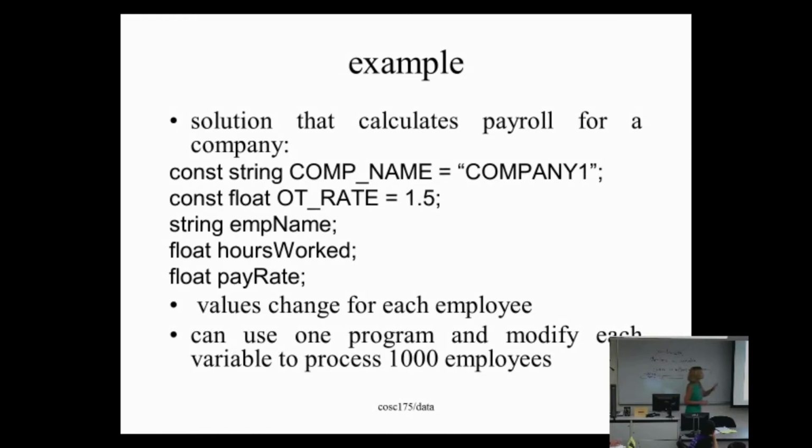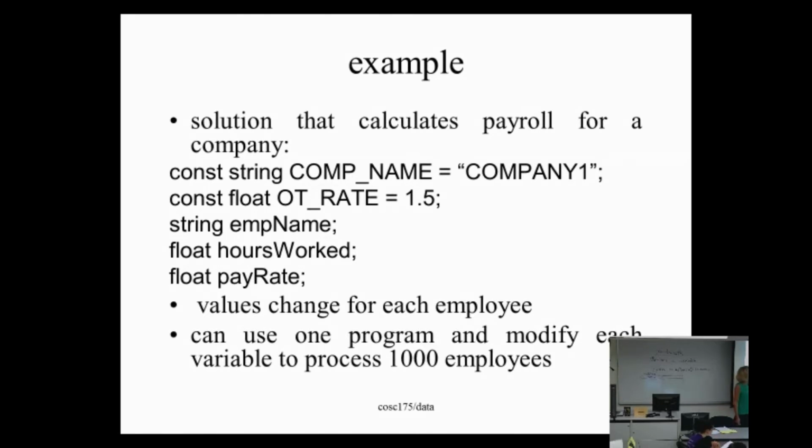Here's an example that uses constants. Let's skip that for a second. This is a payroll problem, because constants are a little easier and more specific, so I want to talk about variables and then explain constants. If I decide for a payroll program that I want to specify an employee name, makes sense, right? I want to specify hours worked, and I want to specify a pay rate.